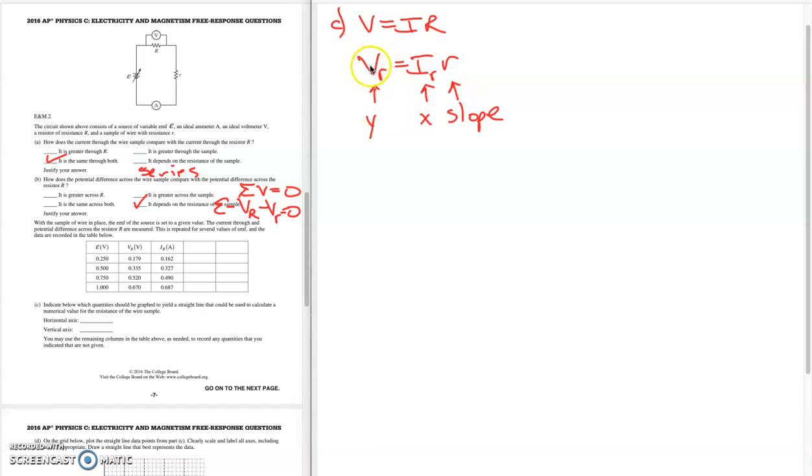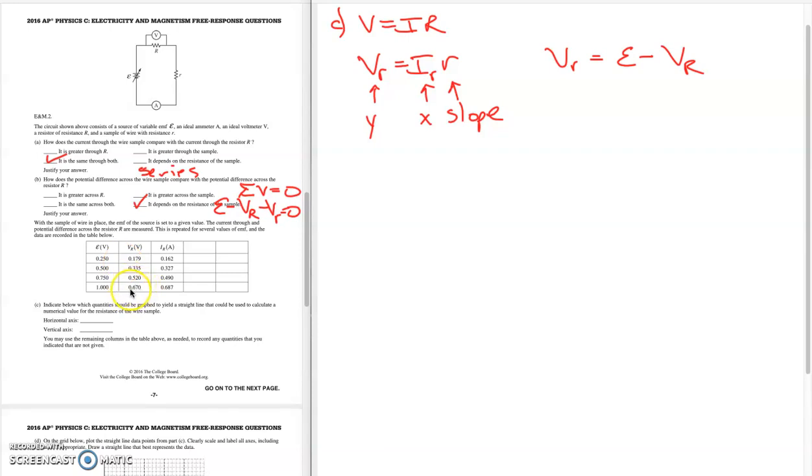Well, in order to get the voltage drop across that, come back over here to the Kirchhoff loop rule. The wire sample voltage is going to be the battery minus whatever was taken up by the big resistor. So hey, look at this. They gave us the battery and they gave us the voltage drop across the big resistor.